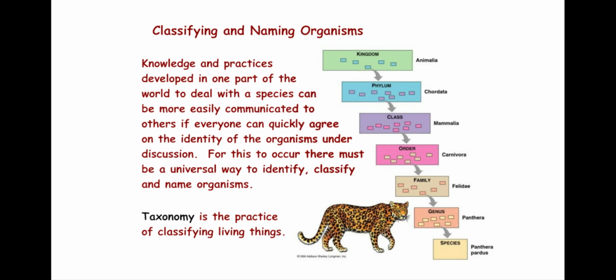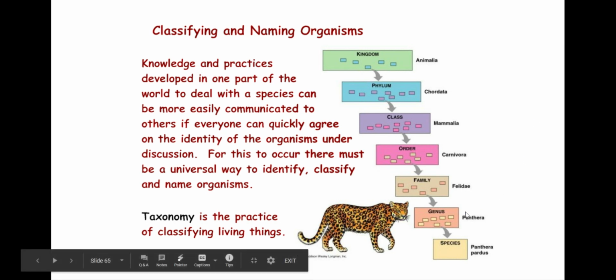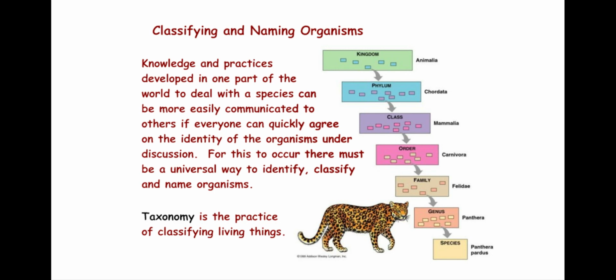So if we're looking there, that is something that we would usually call a leopard. Now we have common names for animals: leopards, polar bear, a German shepherd, but that's not their scientific name. When we are looking at their scientific name, we are taking their genus and their species and combining it. But before we do that, we have to look at them as an organism and build our way down.